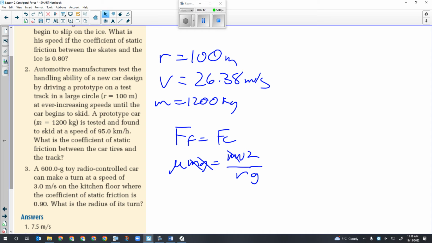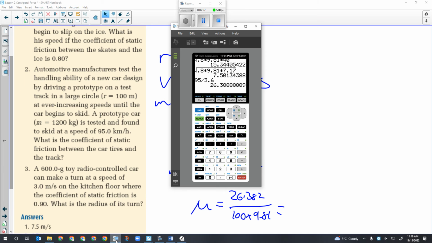So mu is going to equal 26.38 squared divided by 100 times 9.81, which gives 0.710 as our coefficient of friction.